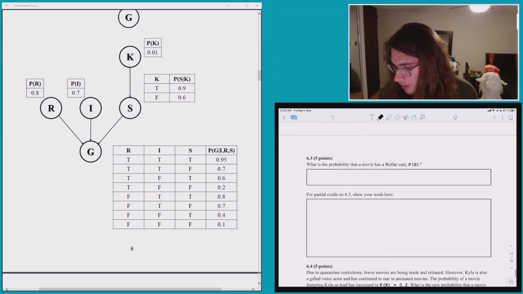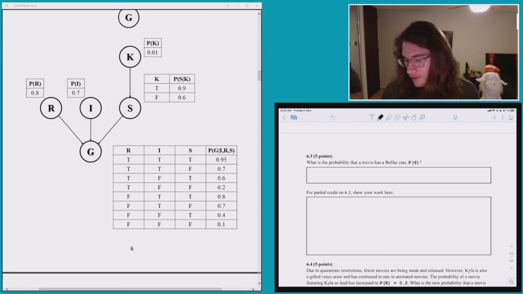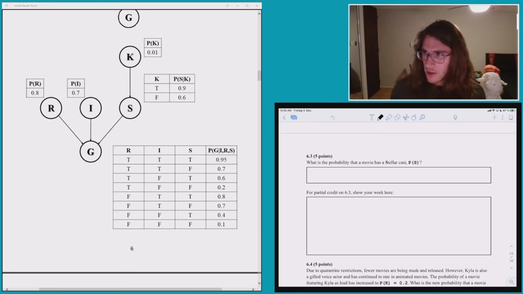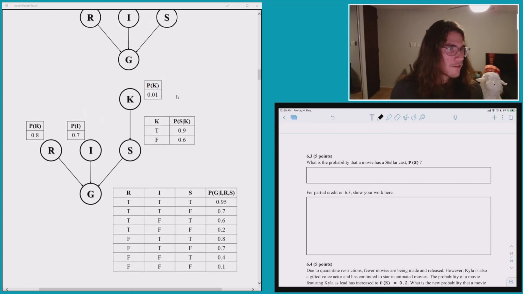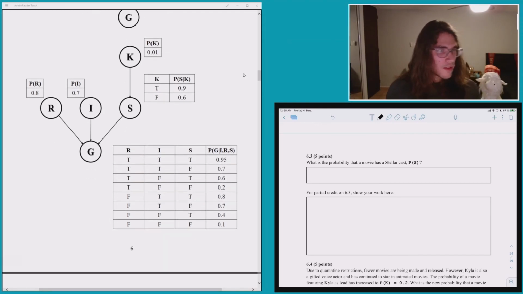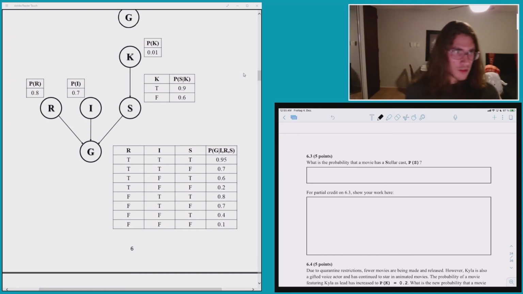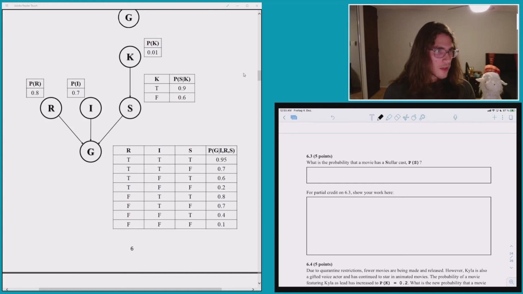What is the probability that a movie has a stellar cast, P of S? Okay, so let's see. What information do I have about S? S has a parent, which complicates things, but not very much. And that's about it regarding S. So it's fairly standard.